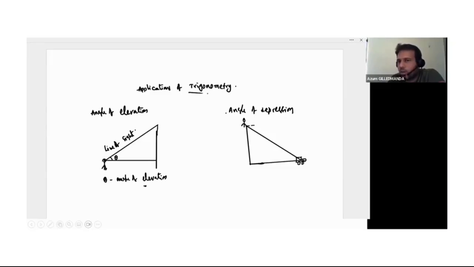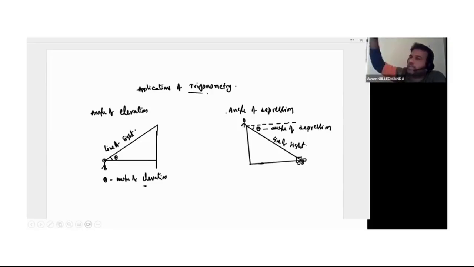If you draw a virtual line here, this is parallel to the horizontal. This is still the line of sight, the line which lets you see the object from the position you are in. And this angle theta is the angle of depression. You are looking down from the top, so that is the angle of depression.